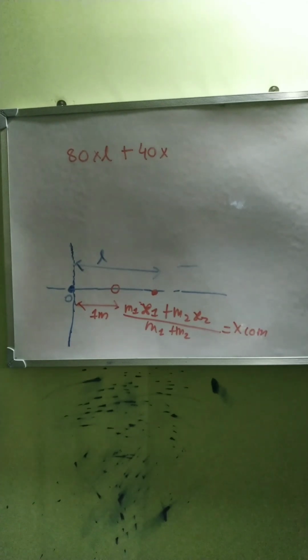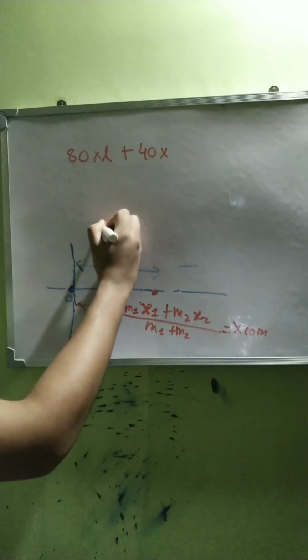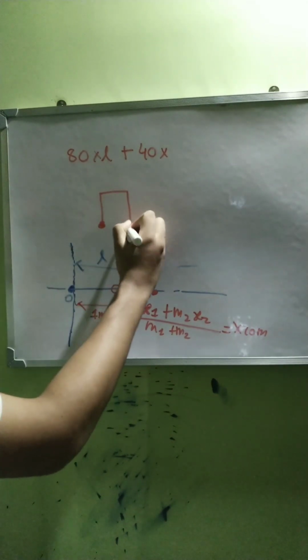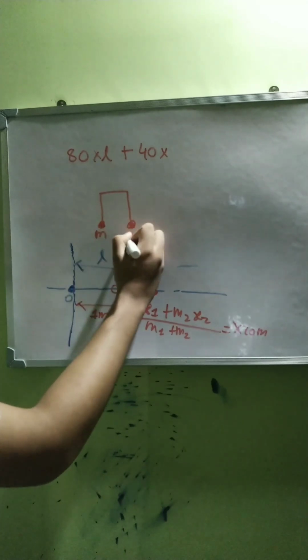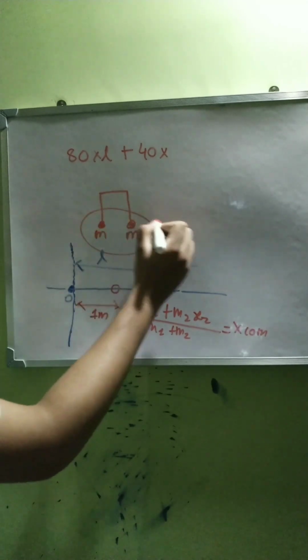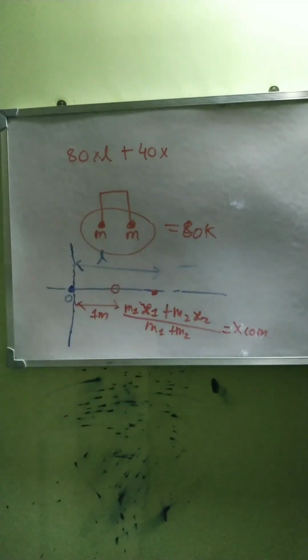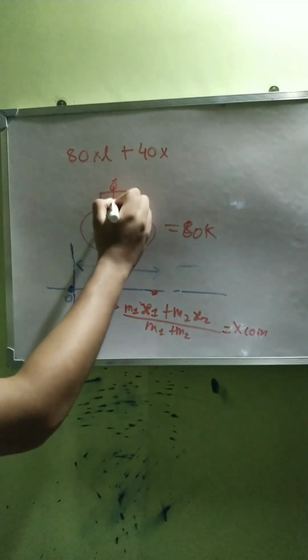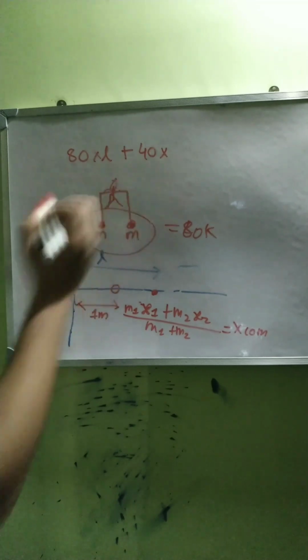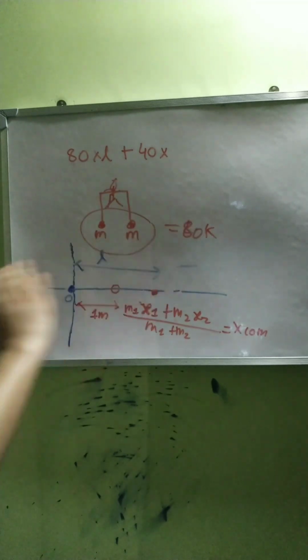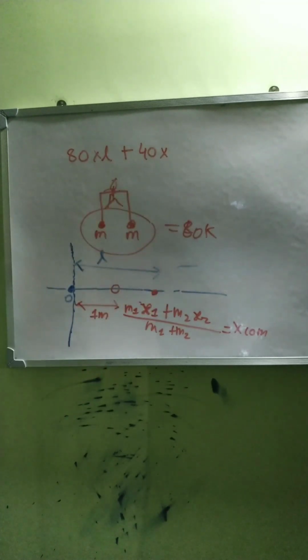That means if those are two equal masses, in this setup, this is M and this is M, and the combined mass is 80 kg. That means this should be 40, this should be 40, and here is the man who is holding this, and his weight is also 40 kg. So leave this. That is 40 into x2.